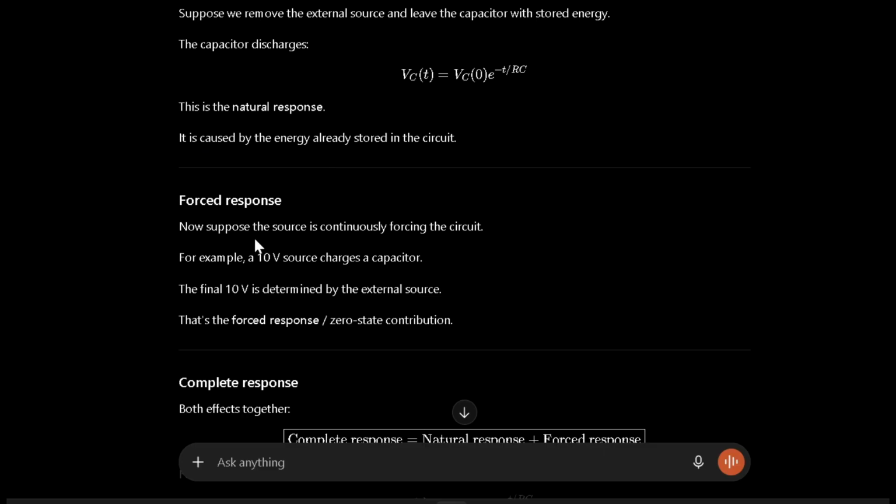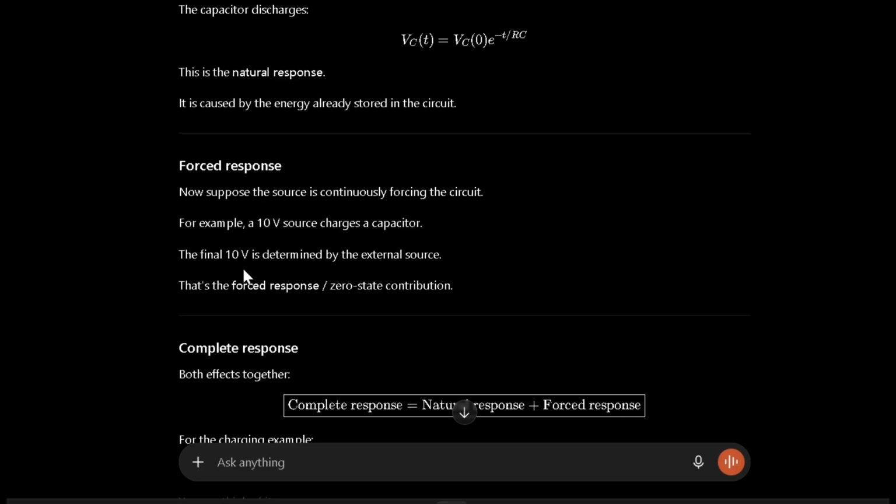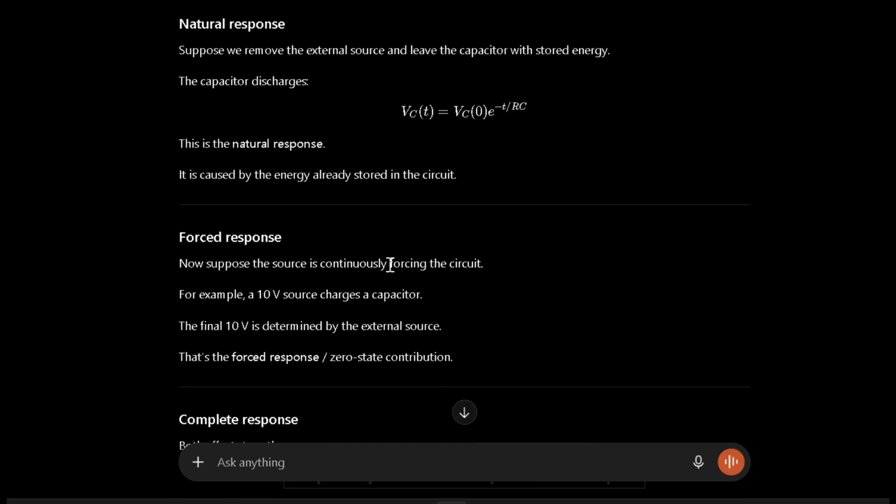Forced response: now suppose the source is continually forcing the circuit. For example, a 10 volt source charges a capacitor. The final 10 volts is determined by the external source. That's the forced response, or zero state contribution. This is the natural response, this is the forced response. If you suddenly put the source here, we get a forced response from the source.